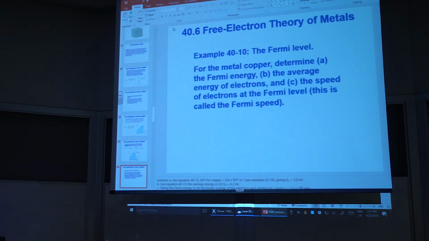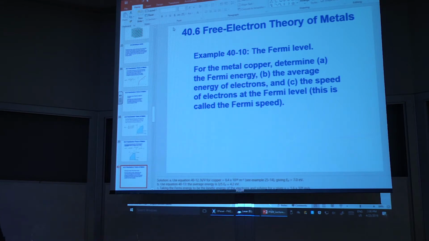We worked through an example last time. This was the case of copper metal. We determined the Fermi energy by its relation to the density of the material. So the density of copper was expressed in terms of electrons per cubic centimeter, assuming that we had 1 free electron for every atom. Then we take the number of atoms per cubic centimeter, and that tells us how many electrons per cubic centimeter there are. Right?